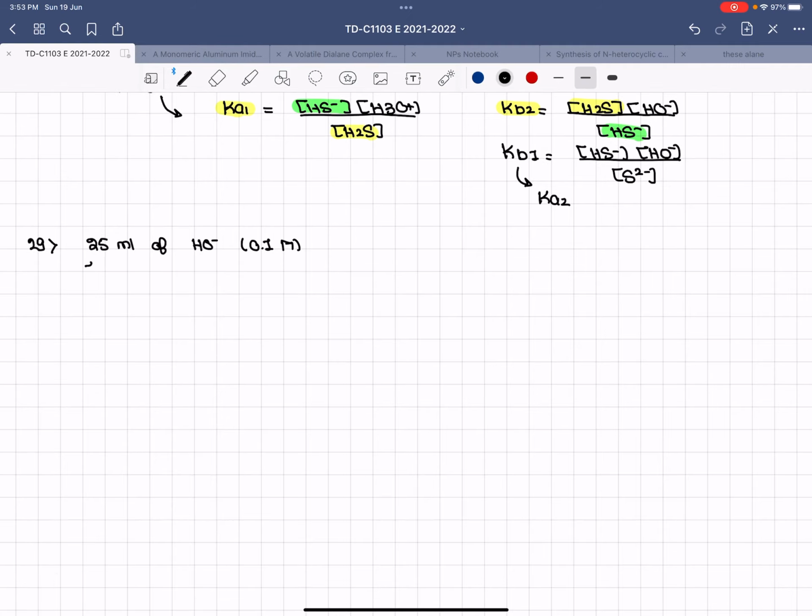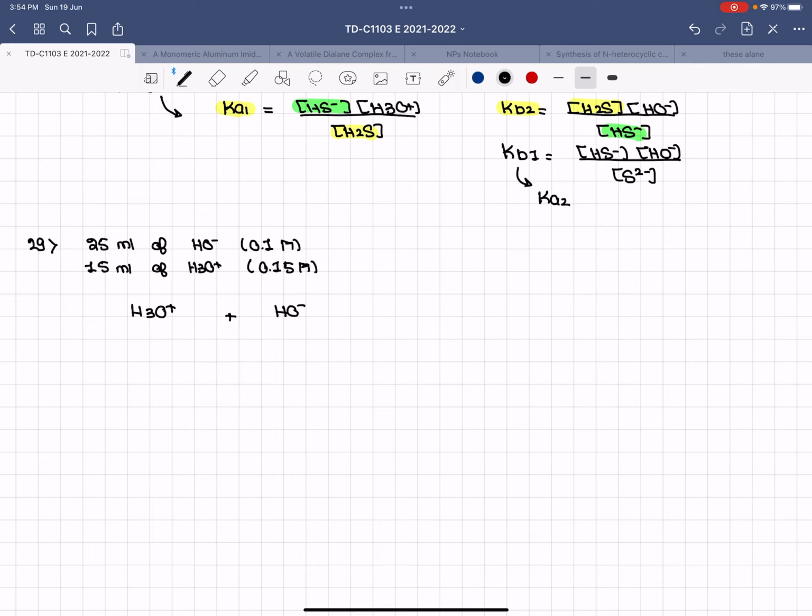And then 15 ml of H3O plus that came from the HCl, which is 0.15 mol per liter. You have an acid, you have a base. What will happen is called a neutralization reaction, where the acid, H3O plus, reacts with the base in a complete reaction. Both of them are strong. Strong plus strong gives a complete reaction.